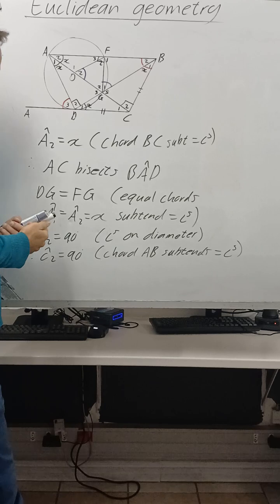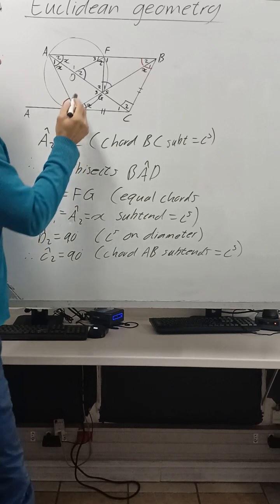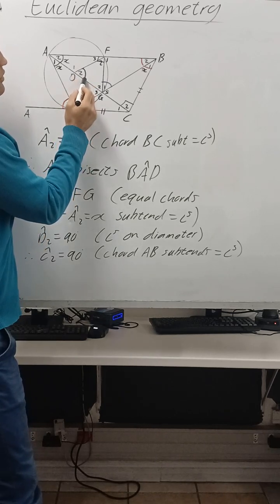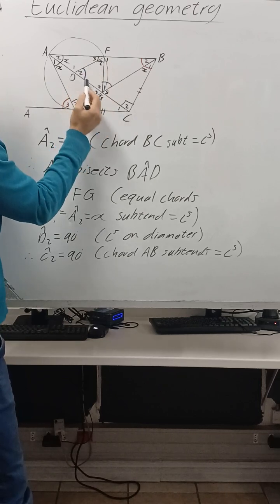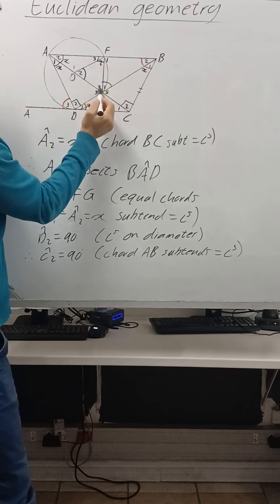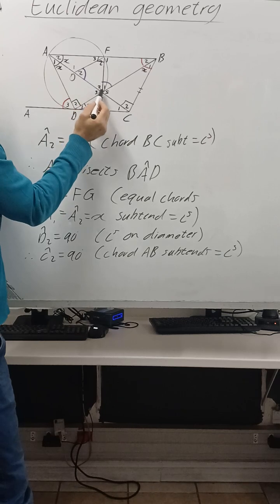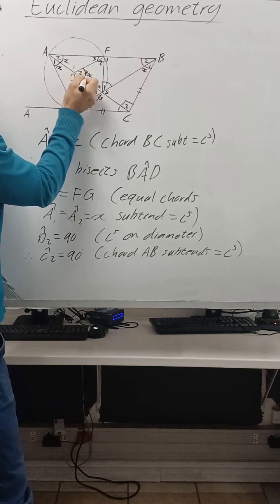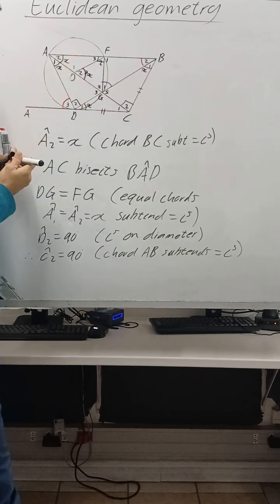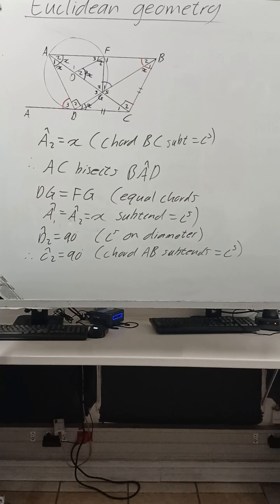I think the first thing we can say, if you think of this chord FG, go to the center, and the chord FG goes to the circumference. So we can start by saying O2 must be 2x, because it's the angle at the center, the circumference being x. So that's the first thing we can see, is that O2 must be 2x.